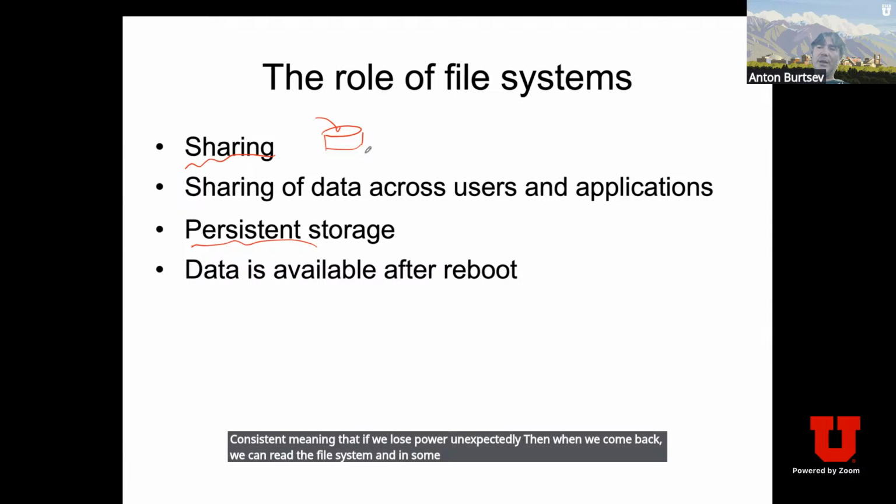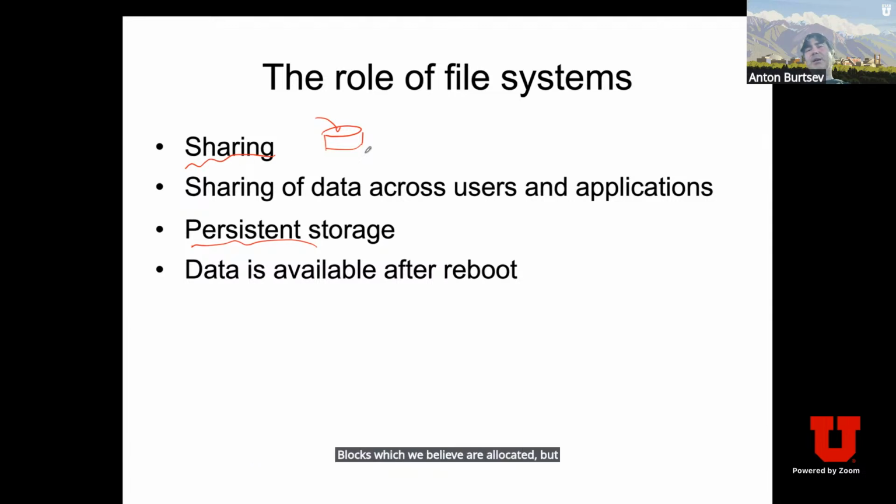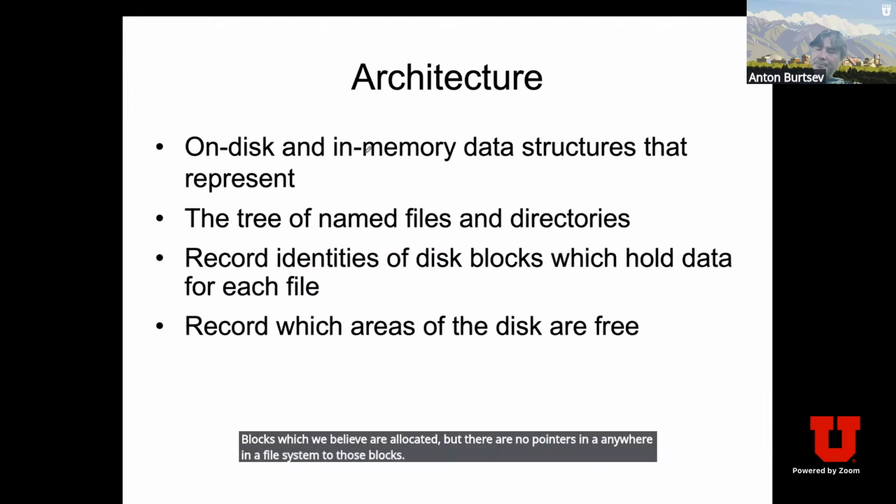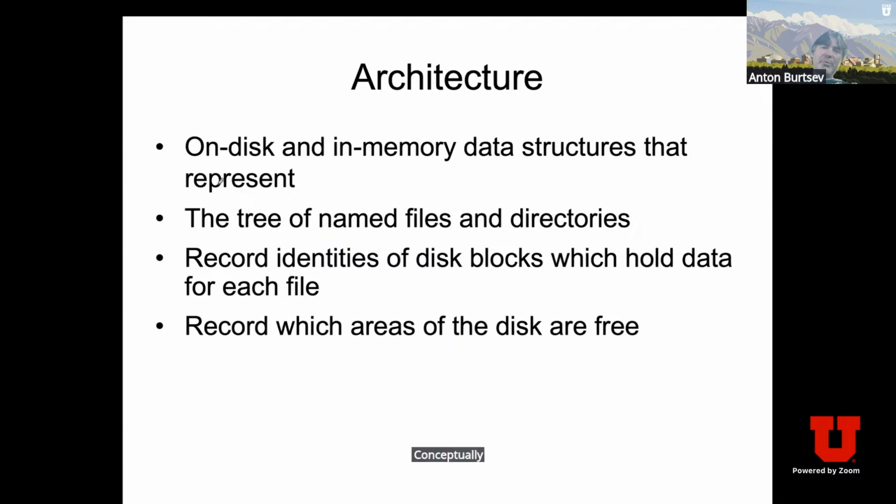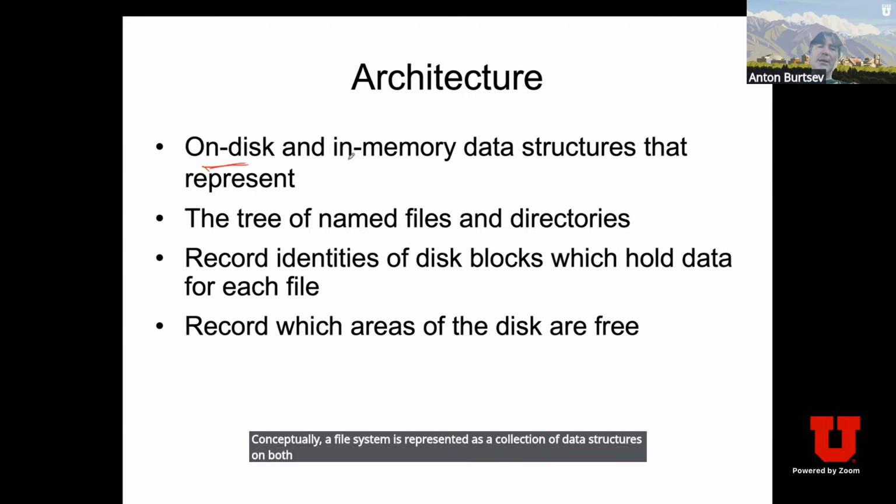We don't have dangling pointers, and we don't lose blocks which we believe are allocated, but there are no pointers anywhere in the file system to those blocks. Conceptually, a file system is represented as a collection of data structures on both disk and in memory, right? Obviously, in order to read the file system after you power off the machine, you have to save everything on disk, because nothing stays in memory.